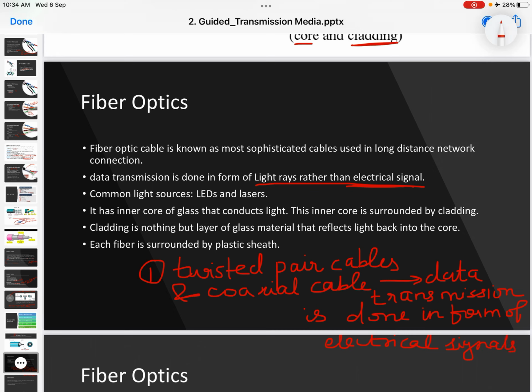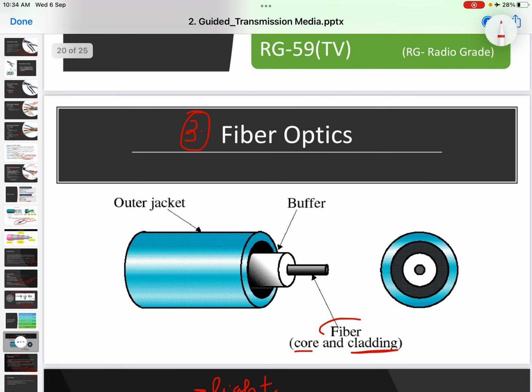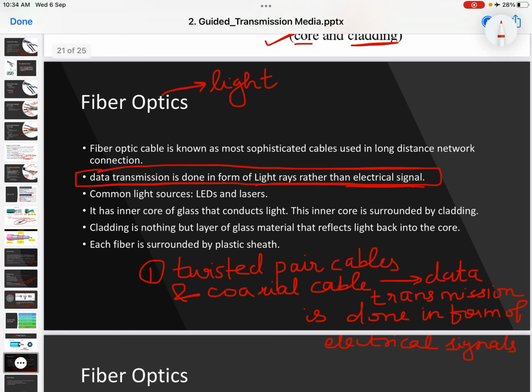But in case of fiber optics, optic meaning light, fiber meaning done with the help of fiber. Fiber consists of a core and a cladding. So light rays are used for data transmission.